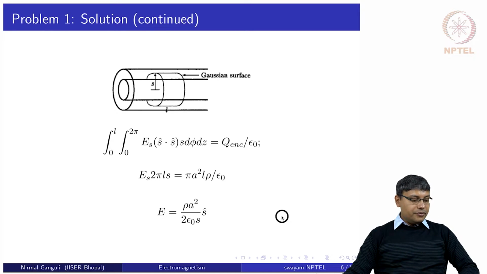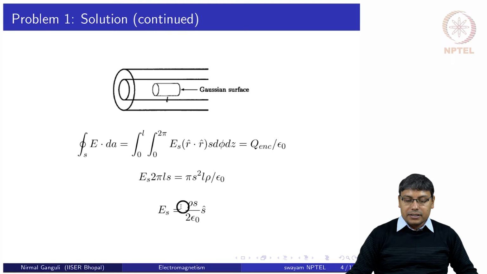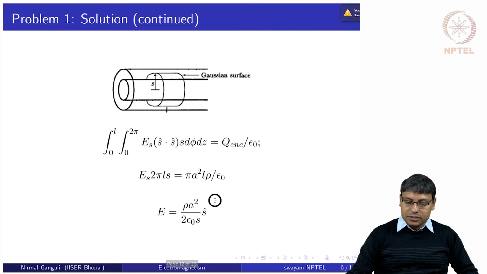If we compare with the earlier situation where the electric field was proportional to the radial distance, here once we have come out of the charge distribution, it is proportional to 1 over the radial distance s, because a is a constant.